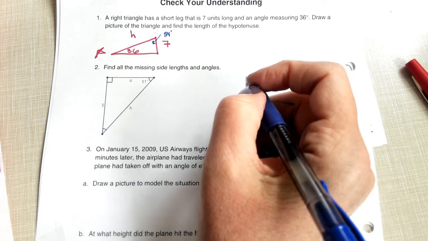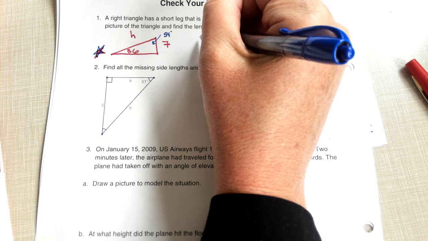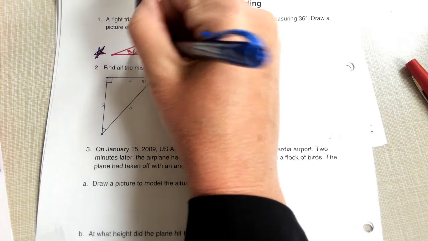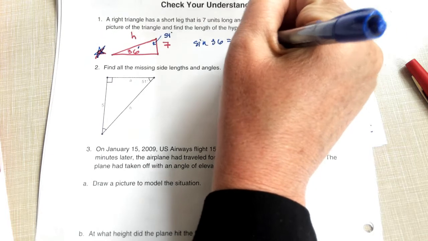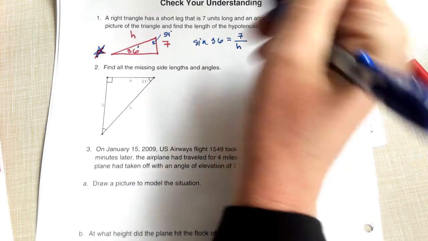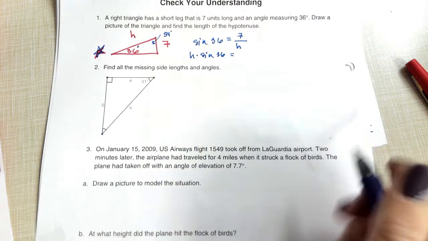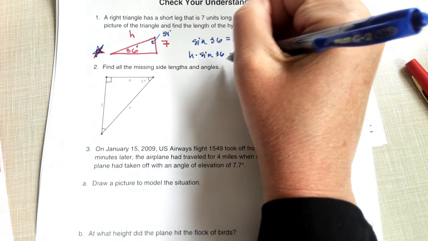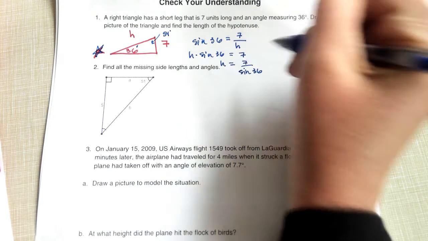From this angle here, I'm going to use sine. So the sine of 36 degrees is equal to 7 over that hypotenuse. So h times the sine of 36 is equal to 7. So h is 7 divided by the sine of 36.